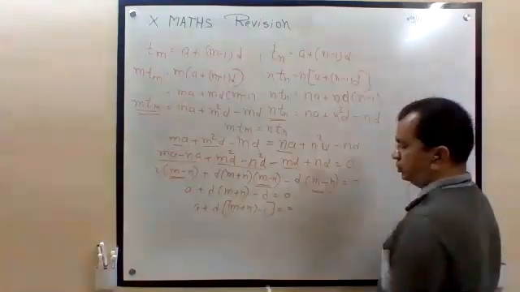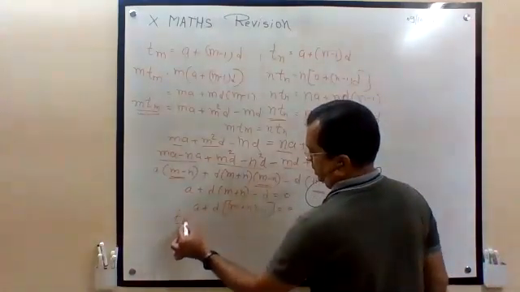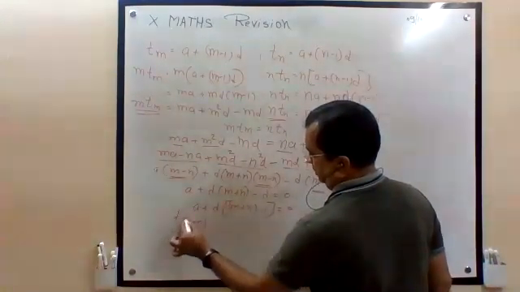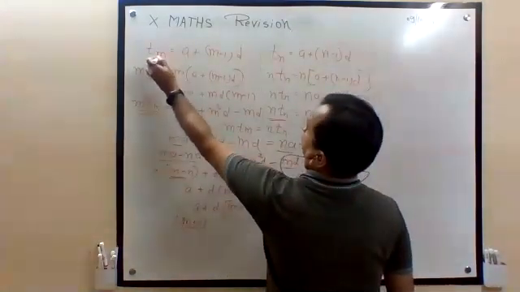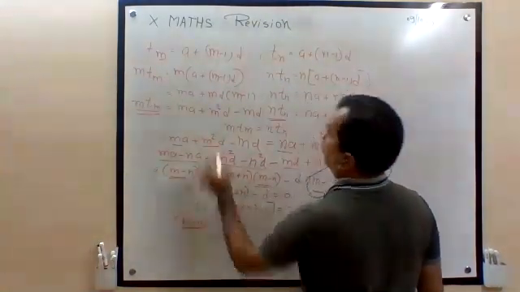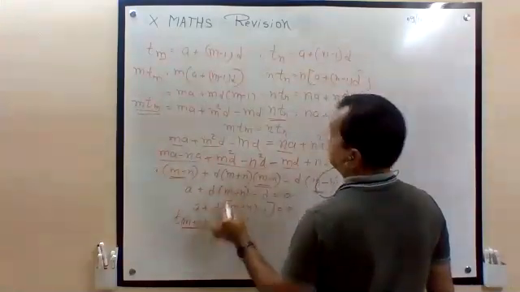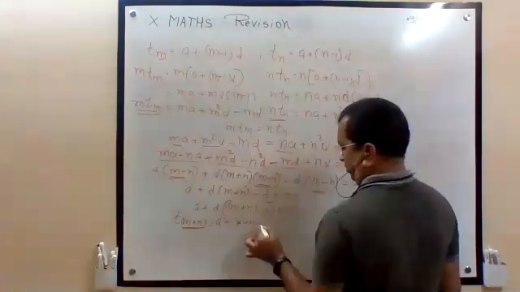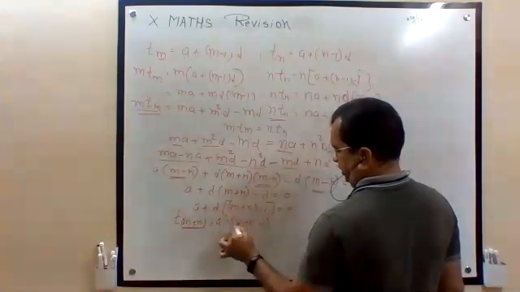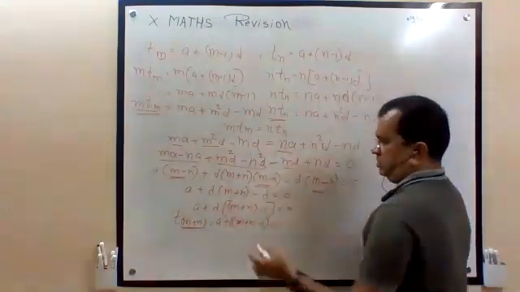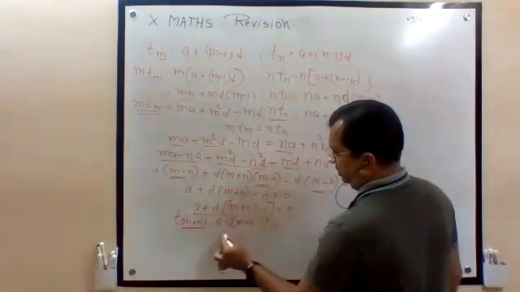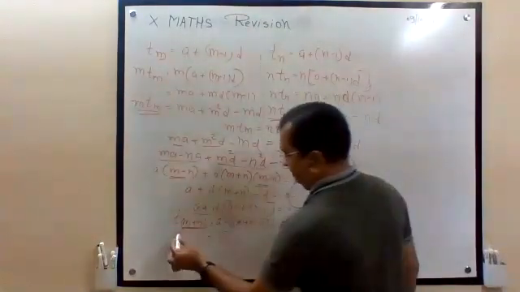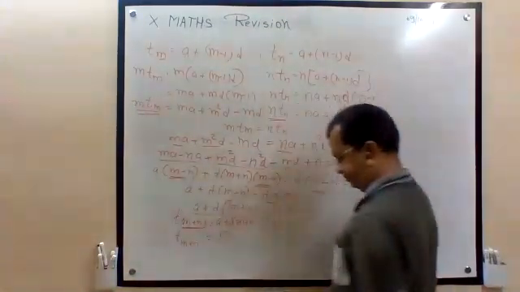But we have to show T(m plus n). So instead of n, it is m plus n. What will we write? a will be same, m plus n minus 1 and d. So this much we have already proved, so it is 0. That we have to prove, T(m plus n).